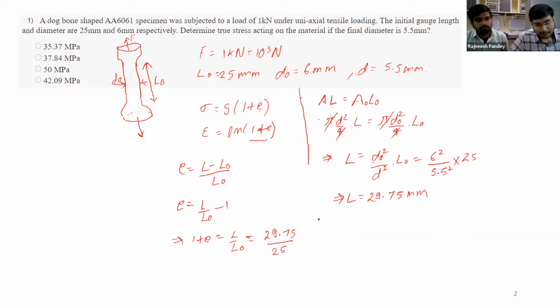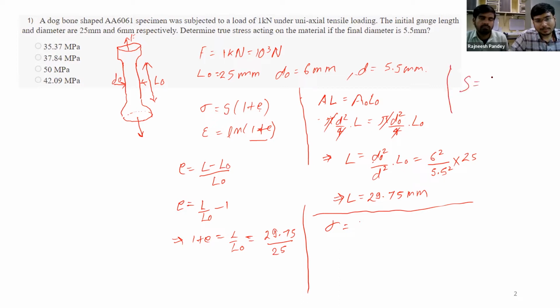Now let us see the values of true stress and true strain. Sigma is given as S, the engineering stress, which is nothing but the force divided by the initial area A naught. So this will come out to be F over A naught multiplied by 1 plus E.